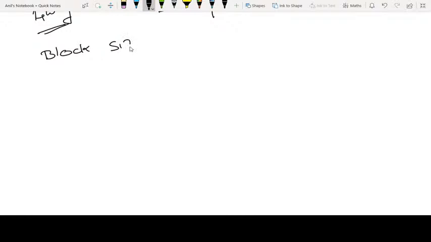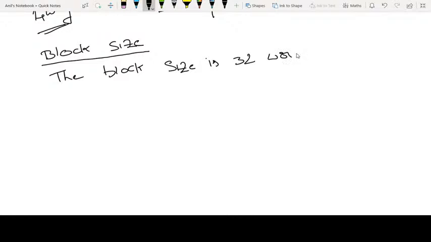Let us say that the above stated question has this statement as an additional statement: the block size is equal to 32 words. Just simply understand, this is nothing complex.